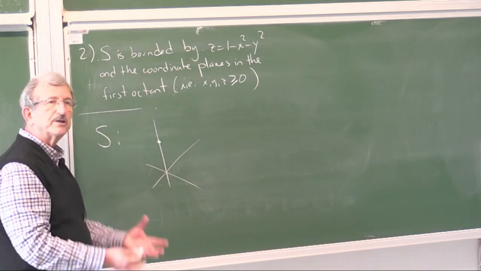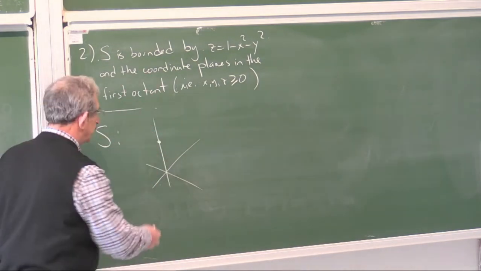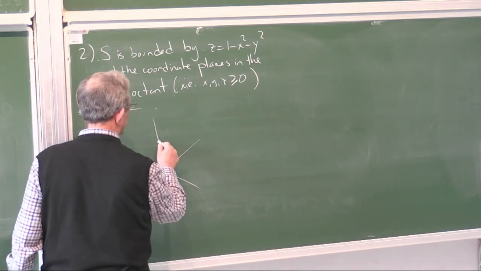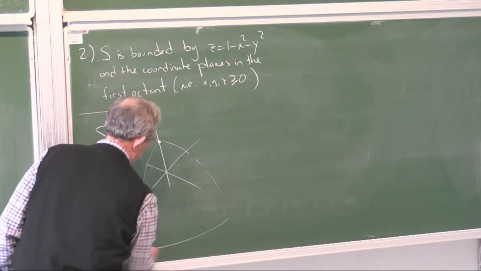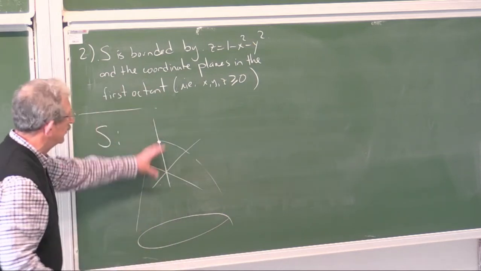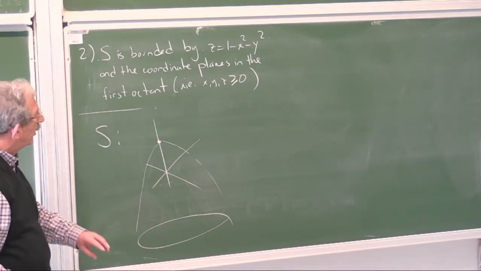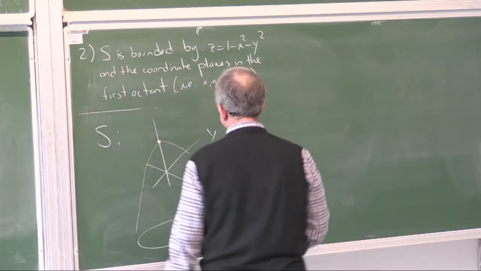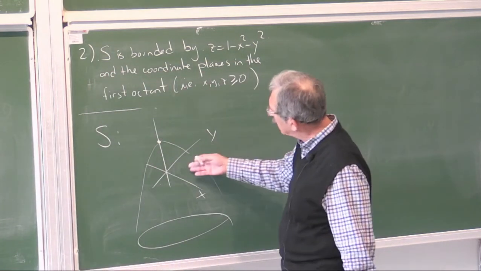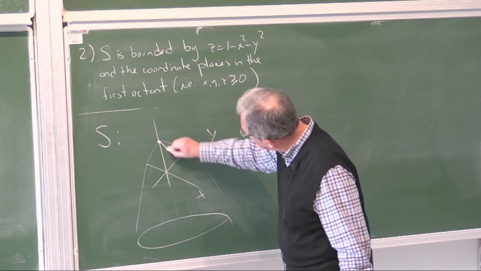The 1 says you shift it up, so it becomes a paraboloid of this form. We are not interested in the rest. We're interested only in what happens in the xy system. Of course, what happens in the xy system is something like this.